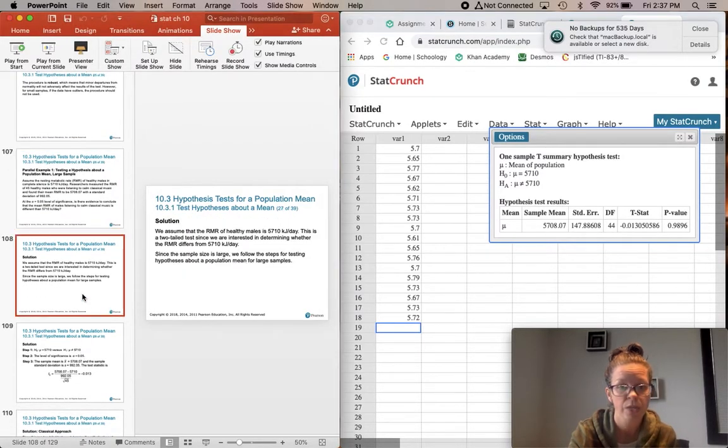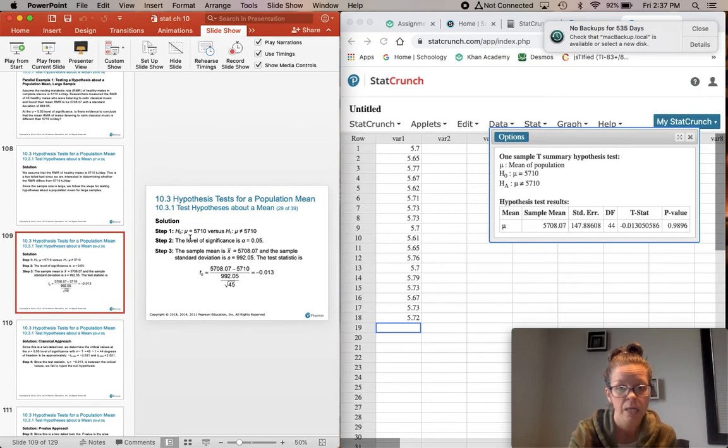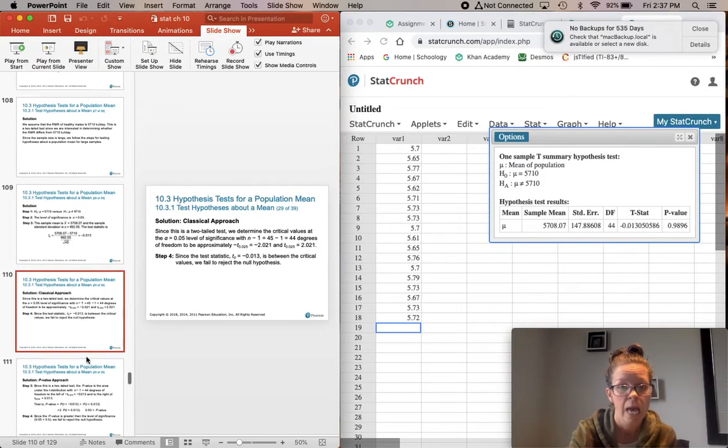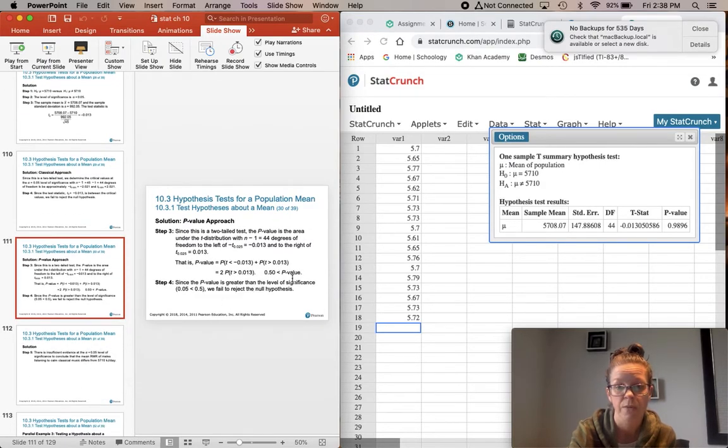Okay, so this goes through that same thing, choosing what our hypotheses are going to be, that we're choosing the not equals hypothesis and our level of significance, calculating the t-stat, but we're not doing that by hand, okay? And then we're using the p-value approach, so finding the p-value, which it says is more than 0.05. Well, it is actually a lot more than that, so I don't know why they just said that.